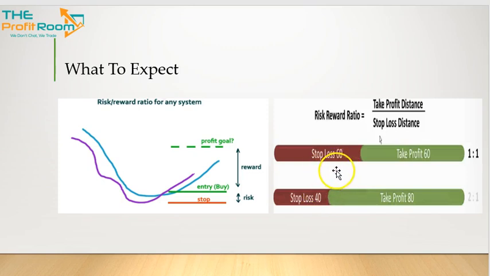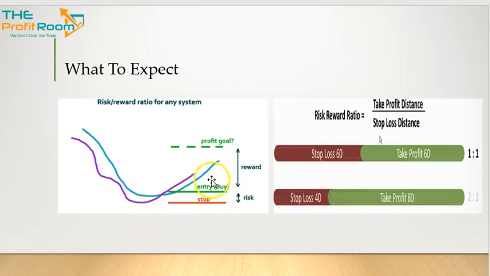So, for example, if you have a stop loss of 60 cents and a profit of 60 cents, that's only a 1-to-1. If you have a stop loss of 40 and a take profit of 80, that's 2-to-1. That may be okay. Or for instance, a stop loss of 50 and a take profit of 150. That's a 3-to-1. So what you can expect is what you have as your own risk ratio.